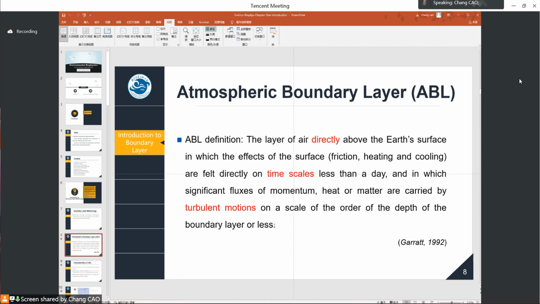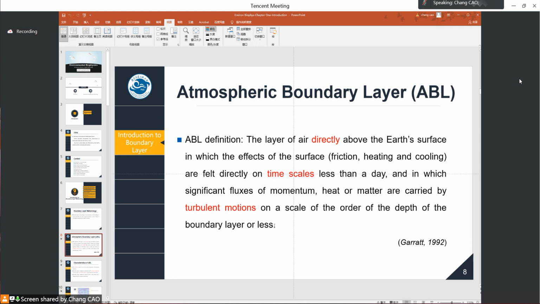After the sun sets, the temperature will continue decreasing, until in the early morning it will reach its minimum value, right? So that's a very obvious diurnal variation of the temperature. And this is a very good example to illustrate that usually ABL will have very obvious diurnal variation.